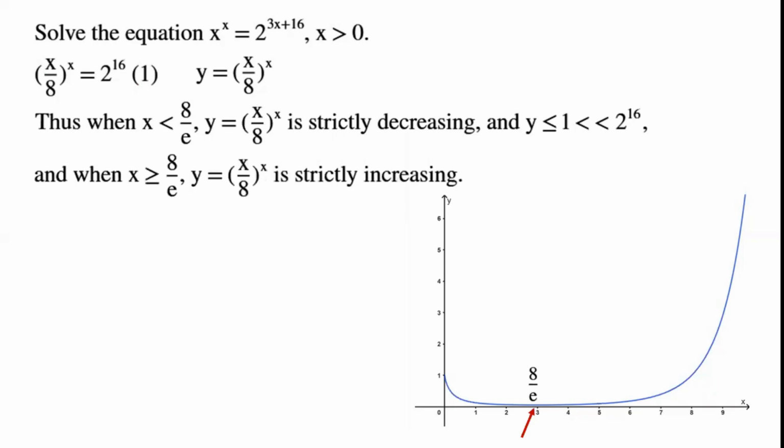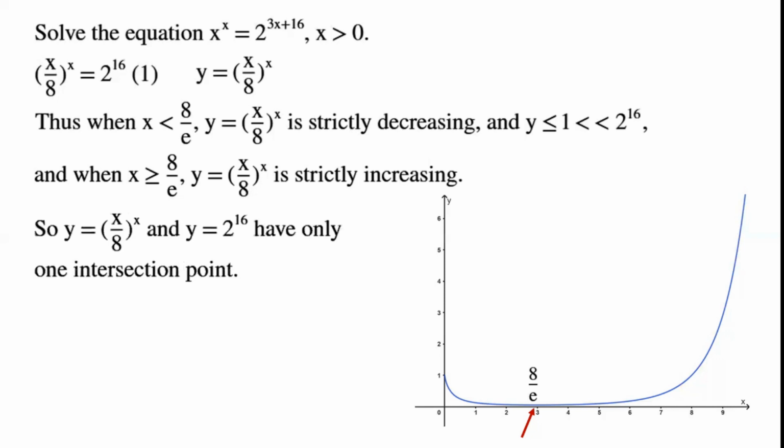And when x is greater than or equal to 8 over e, y equals (x over 8) all to the power of x is strictly increasing. So y equals (x over 8) all to the power of x and y equals 2 to the power of 16 have only one intersection point.